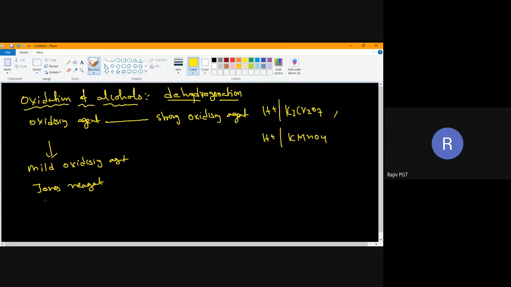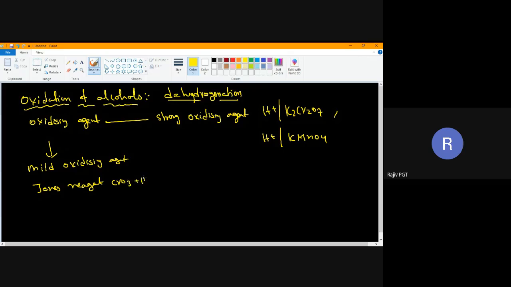Next one. Jones reagent we have studied. Next, Collins reagent. Do you remember Jones reagent?